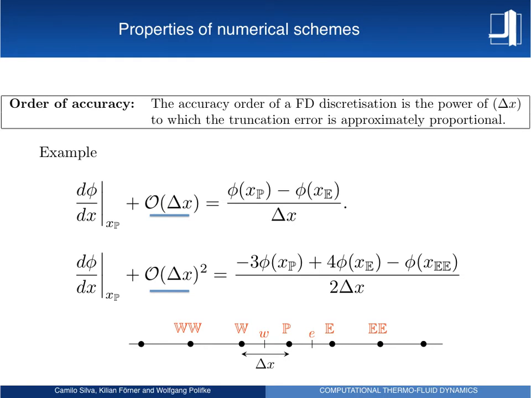Just imagine you have exactly the same mesh for this case and for this case, so the same size of the delta x if you want, and you do your discretization and you get the results for the problem you are looking at.